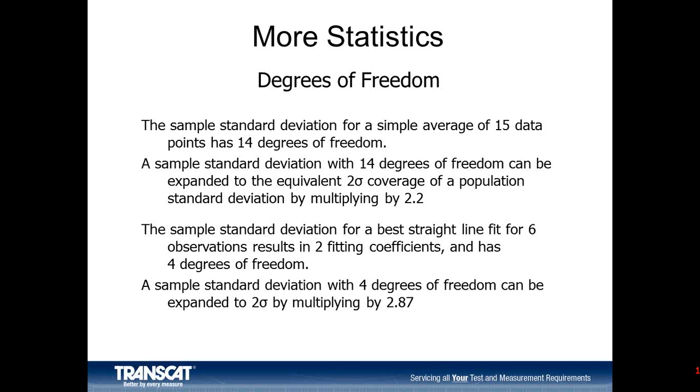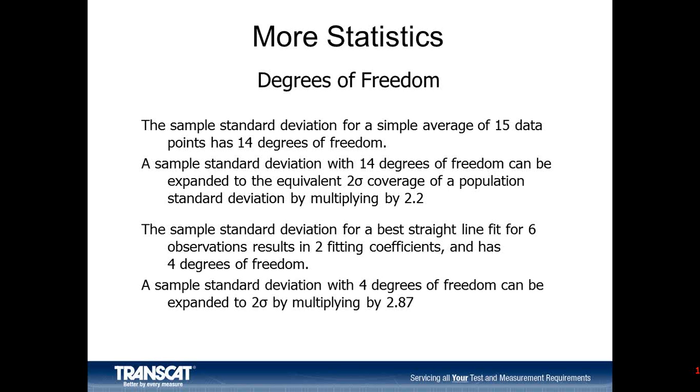So then, if we look to the statistical reference guide and find the Student T table, we can find the appropriate multiplication factor for, in this case, 14 degrees of freedom, to expand that standard deviation to the appropriate 2 sigma level, meaning 95% or approximately 95%.